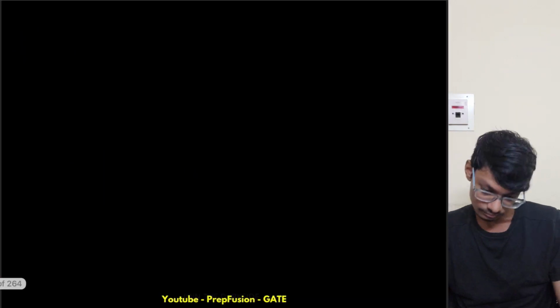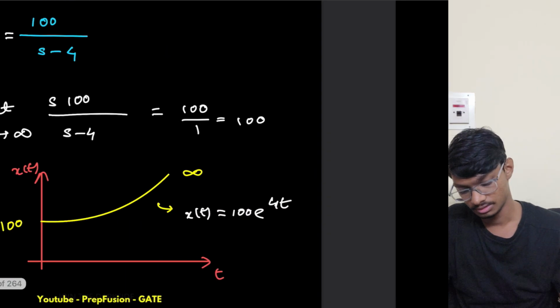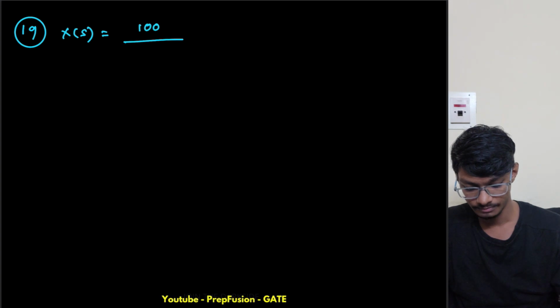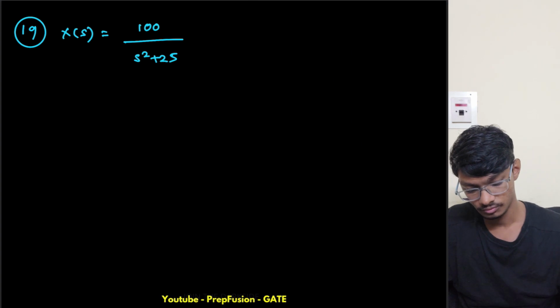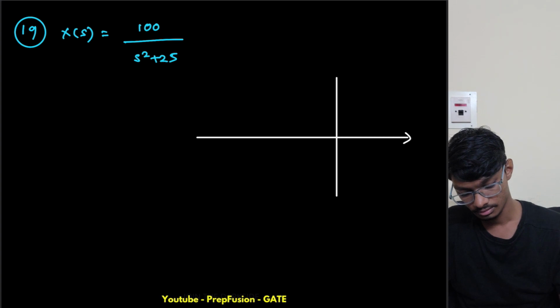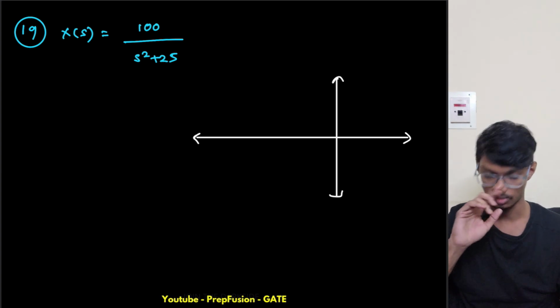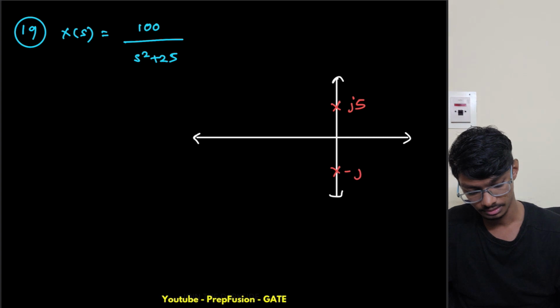Now we'll take another example, of a marginally stable system. Let us take X of s equals 100 by s square plus 25. So how can I write this? The poles will be on the imaginary axis, a conjugate pair, so this is j5 and this is minus j5.